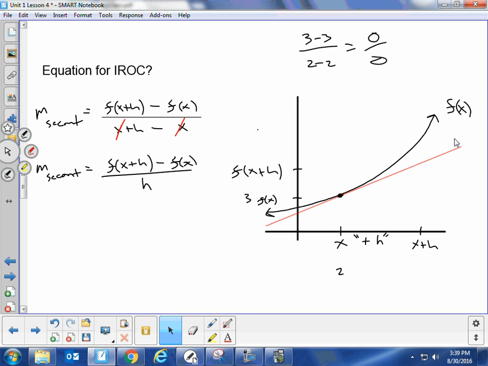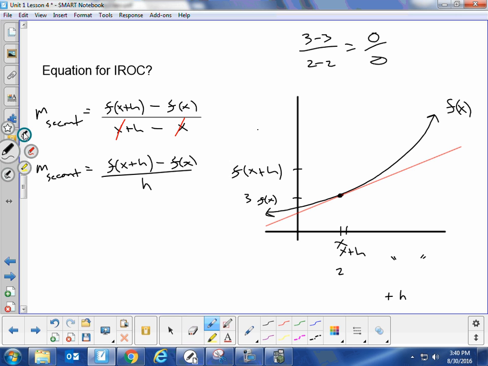It was decreasing. It was getting smaller and smaller. How small was it getting? Infinitely small is approaching what value? 0.